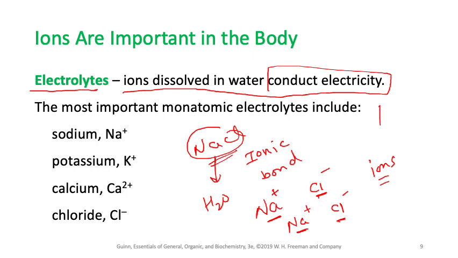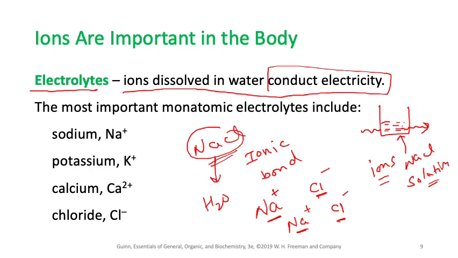So if you pass electricity through an NaCl solution, a salt solution, that means you dissolve salt in water, electricity can pass through it. So a salt solution is a good conductor of electricity because of the presence of electrolytes, the charged species or charged ions present in the water, right?